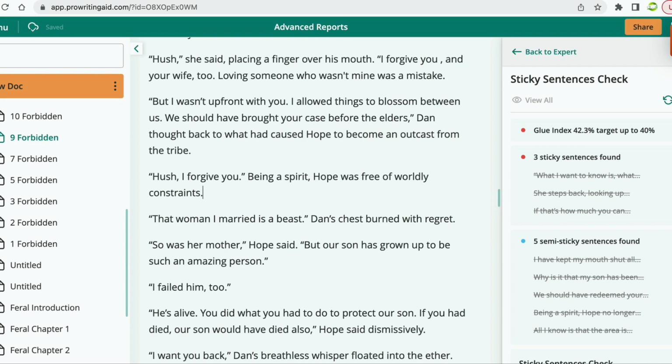"Being a spirit, Hope was free of worldly constraints." We'll see how that reads out later. Refresh.